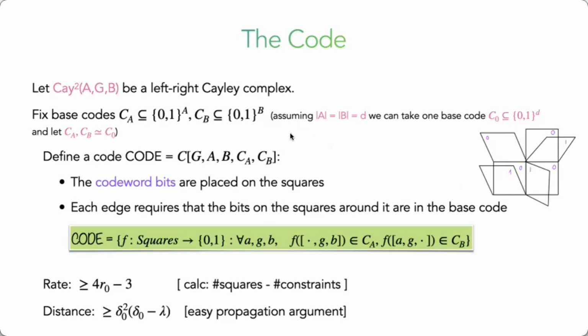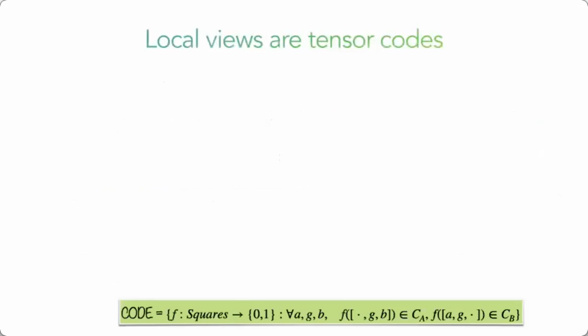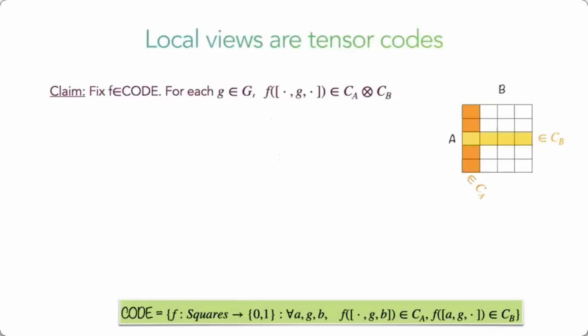Now I want to study what happens if I look at a vertex and I study all the squares that touch this vertex. Remember, we had this kind of crazy picture with the grid. So we're going to get to that. Okay, so these are the local views. Here is my claim. Suppose I fix some code word, some function from the squares to 0, 1 that is in the code.